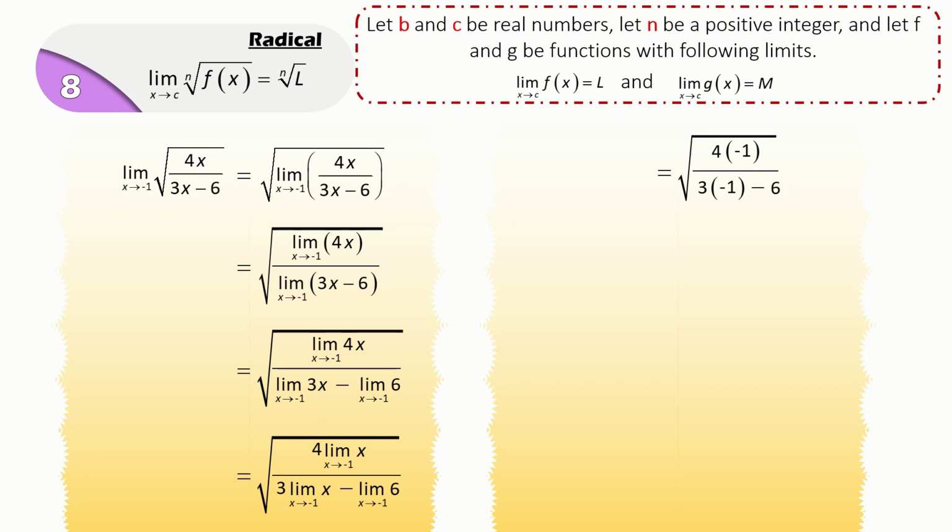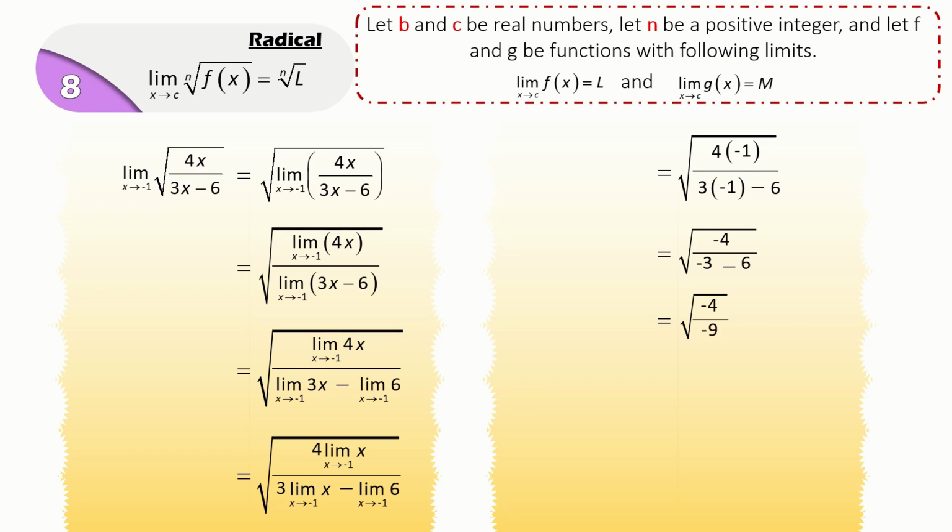Simplify the expression inside the radical. The product of 4 and -1 is -4 over the product of 3 and -1 is -3, and subtract it from 6. Simplify denominator by getting the difference of -3 and 6, which is -9.